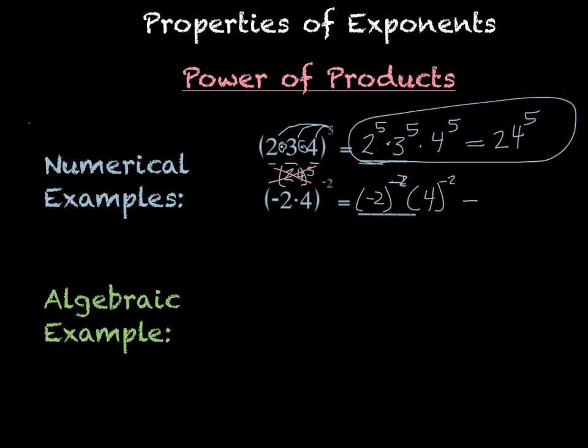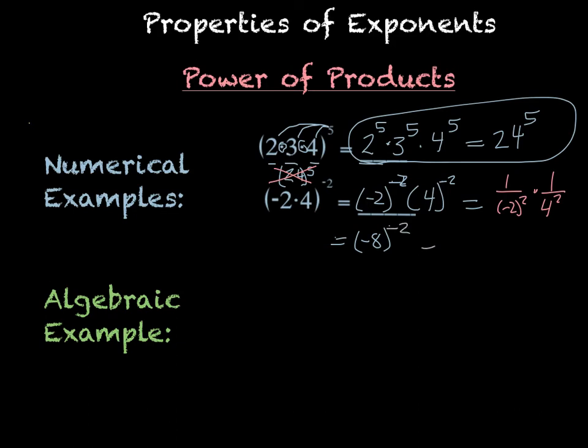Then we would have to flip the negative exponents around, so it would be 1 over negative 2 squared times 1 over 4 squared. Or we could just say negative 2 times 4 is negative 8 to the negative 2 power.